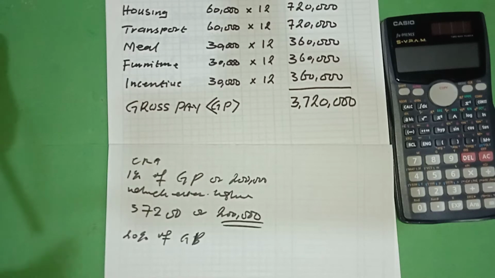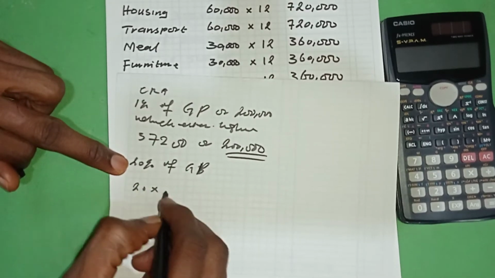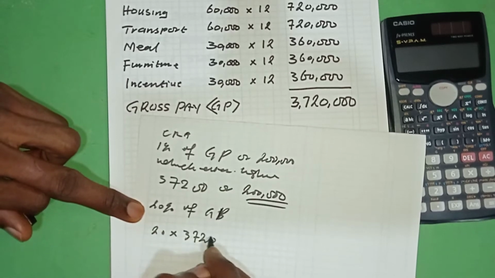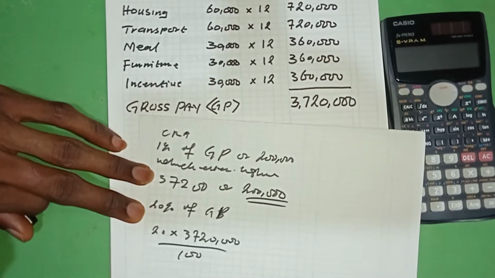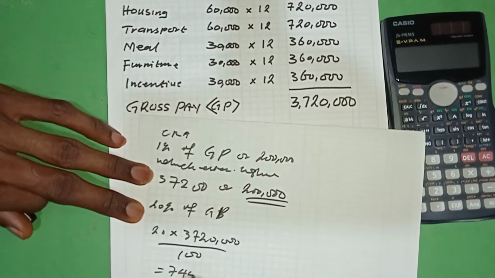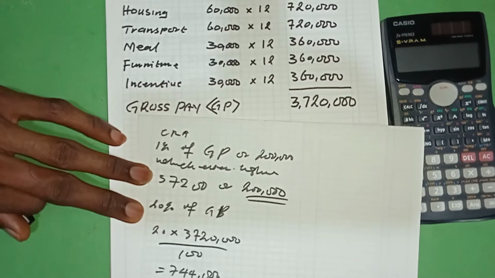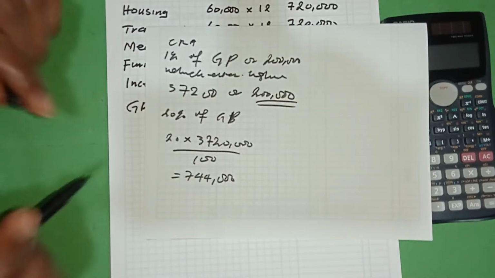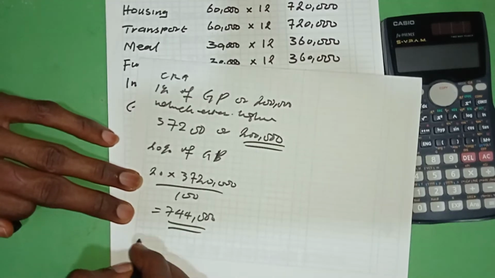Use your calculator please. 20 times 3,720,000 divided by 100 will give you 744,000. Please confirm it with your calculator. So we have this figure and this figure for our CRA.